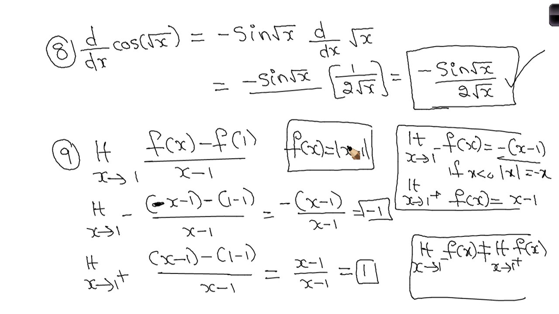But unfortunately, the left hand limit and right hand limit exist and are finite, but they are not equal. That is the reason I can say the limit of this function does not exist. Hence, we cannot differentiate this function at x is equal to 1. The differentiation of this function does not exist at x is equal to 1. Hence, the ninth question was proved. Okay, we can go through this question for a few seconds, so that I solve the last question, that is the 10th one.